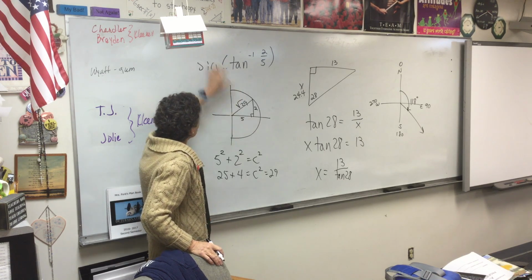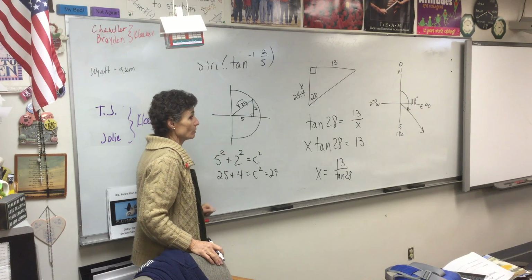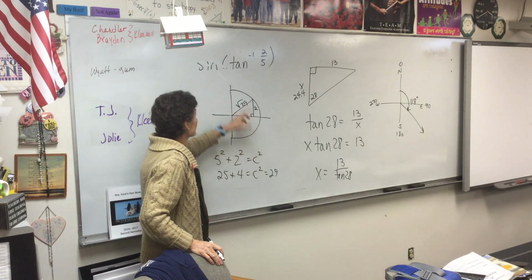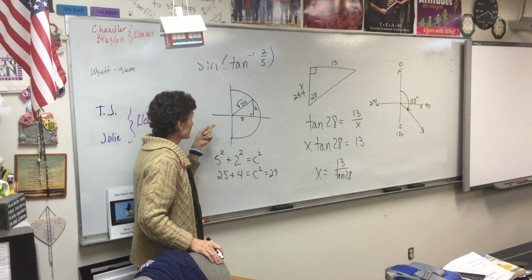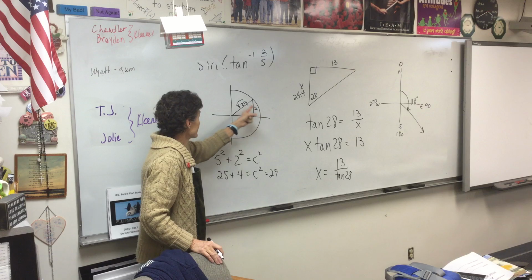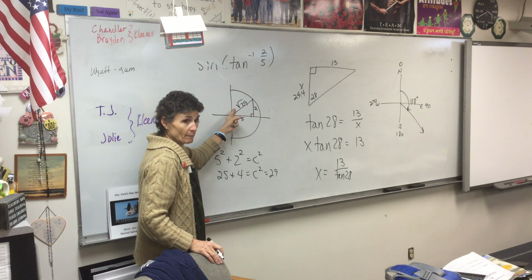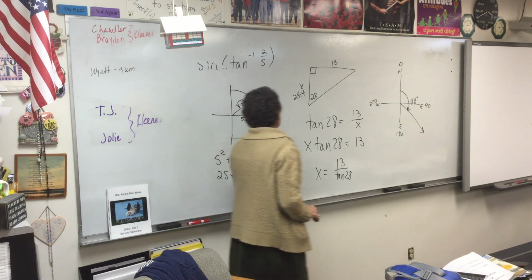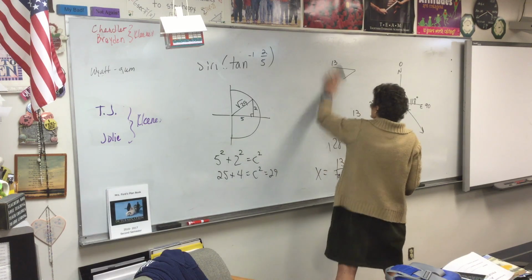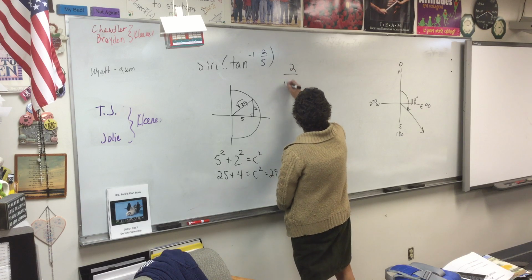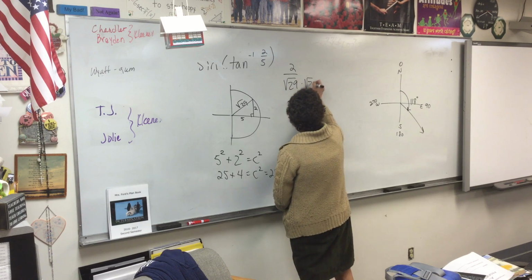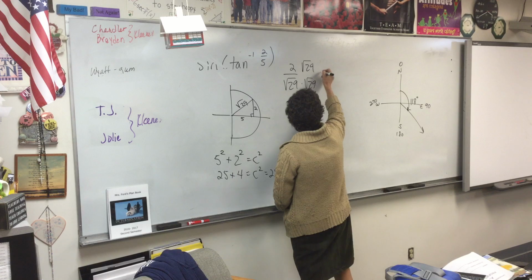Now, what do I want to know? I've drawn the parentheses. Now I want to know its sign. Look at the picture. What's the sign? Opposite over hypotenuse. So the answer would be 2 over root 29, which we have to rationalize.